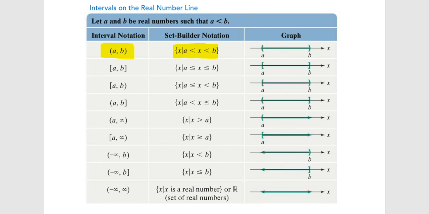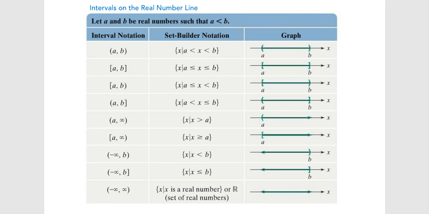So notice it's always going to be less than sign when we're doing it in this notation for between two numbers, not including the infinities, and it's not or equal to because we're using parentheses. So for the next one, if we have the interval a to b and we're including the endpoints with the brackets, set builder notation, it would be x is between a and b. This time it has the or equal to because we're including the endpoints.